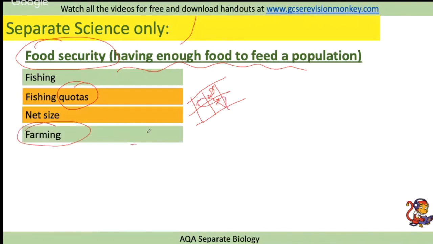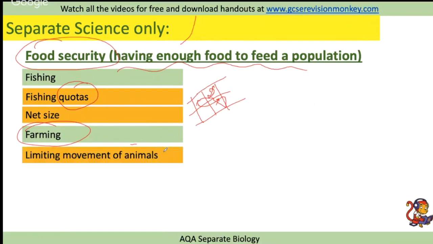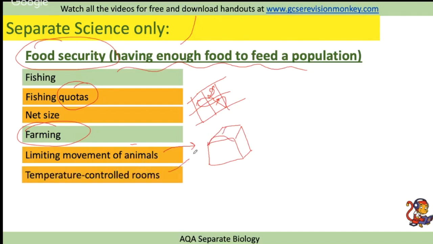Farming, whatever situation they're talking about, whether they're talking about chickens or pigs or any type of animal, you need to put down about the same ideas. You need to put down about restricting the movement of animals, so perhaps housing them in a small shed rather than letting them roam free naturally, and temperature controlling that room so they don't have to be wasting energy by shivering or vasodilation, vasoconstriction, whatever it is, to control their own body temperature.